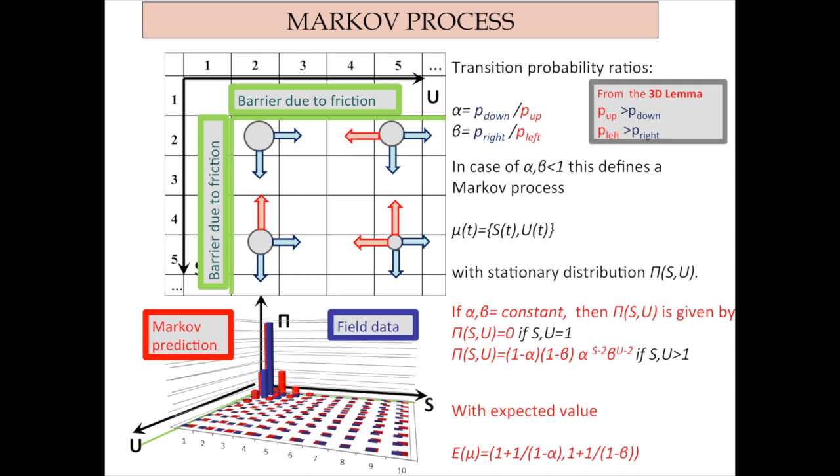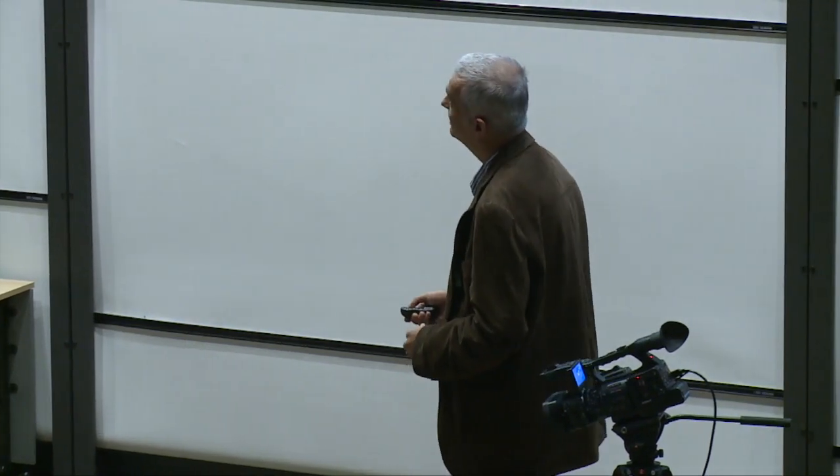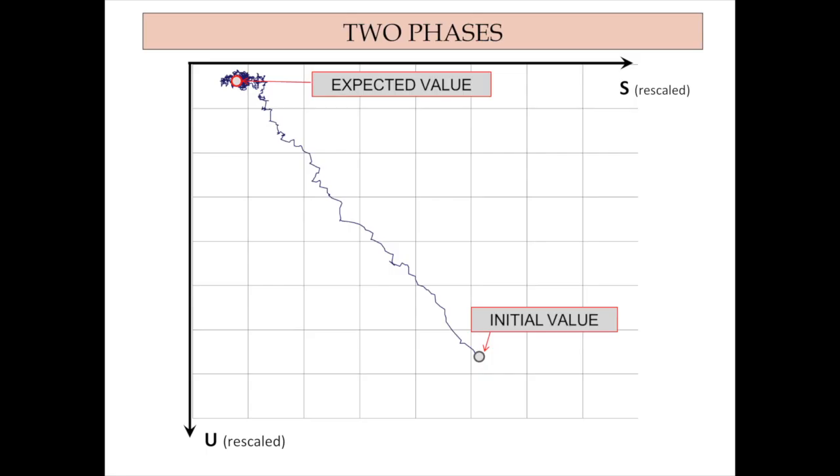And if you compare that with the field data which we had on the Greek island, you see you get a very nice agreement. So this process is a very particular process. So you start it with an initial value, so you take a bunch of pebbles, you take the average number of stable and unstable points, so it is not an integer anymore, and you start evolving this process.